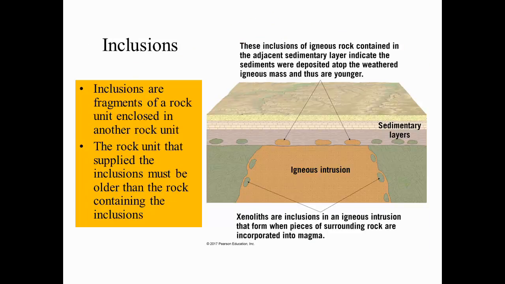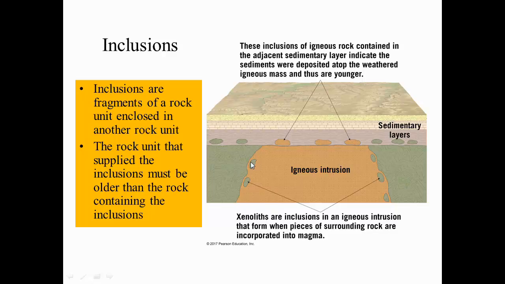Now, inclusions are fragments of a rock unit enclosed in another rock unit, and this principle states that the rock unit that supplied the inclusion must be older than the rock that contains the inclusion. For example, we have this sedimentary layer that contains inclusions of both the underlying igneous intrusion and the metamorphic rock through which this igneous intrusion cuts.